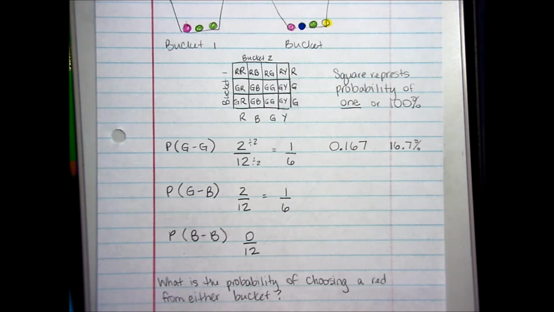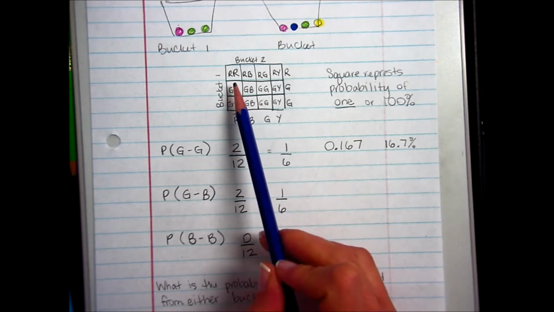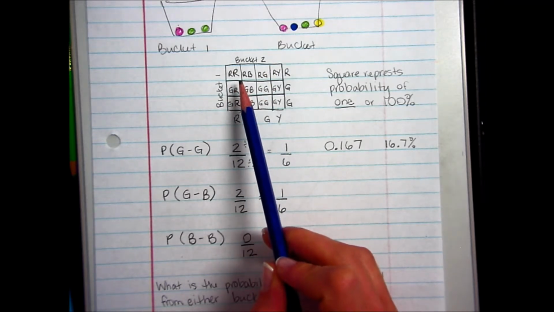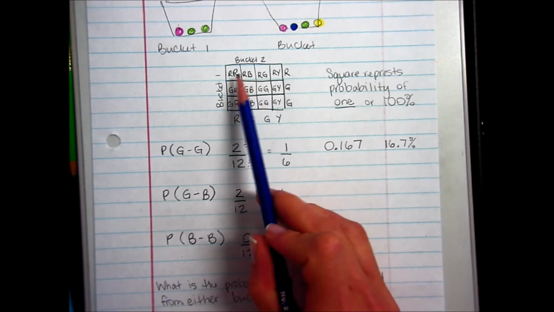It doesn't matter if I get it on the first draw or the second draw. If I just have 1 red, what's my probability of at least getting my 1 red? All right, let's look up here at our outcomes. So I'm going to count all of the ones that have a red on either draw. Okay, because I just need a red from either bucket.